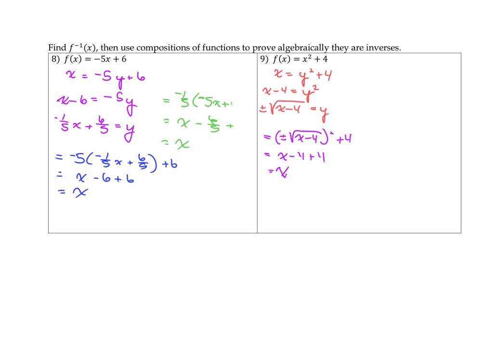So my result is x. So that one works that way. Now start with the inverse and put that in. And I am going to do plus or minus, and in place of x, I'm going to put x squared plus 4 minus 4.